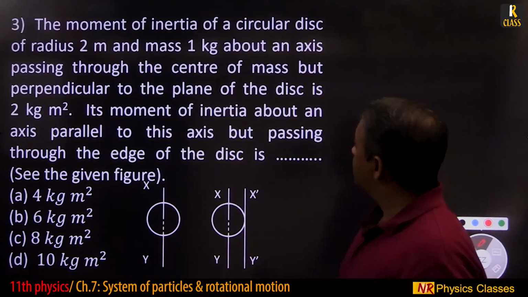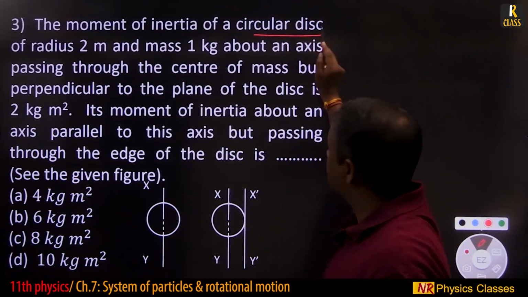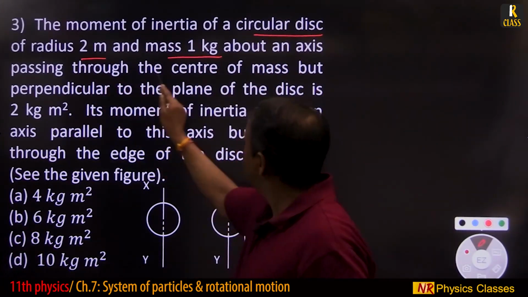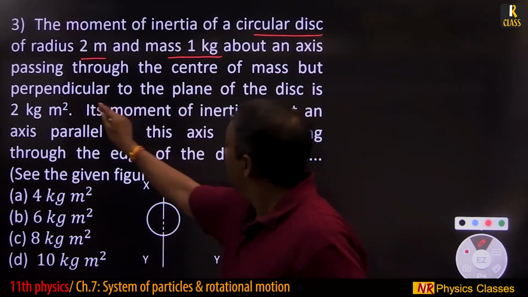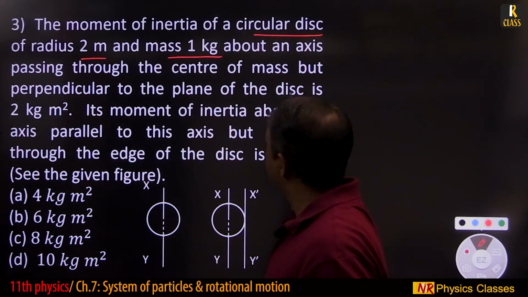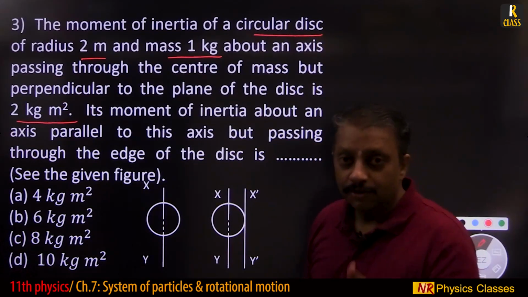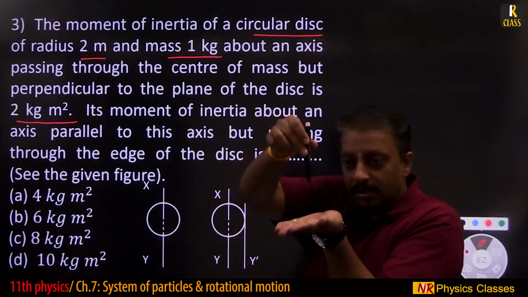The moment of inertia of a circular disc of radius r and mass m about an axis passing through the center of mass but perpendicular to the plane of the disc is 2 kg meter square. So this is the disc, this is the axis.